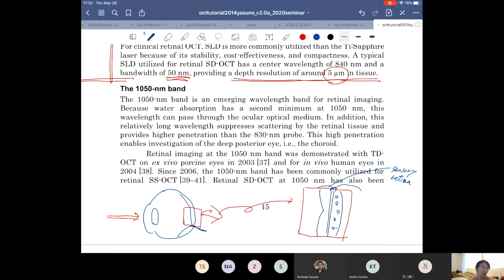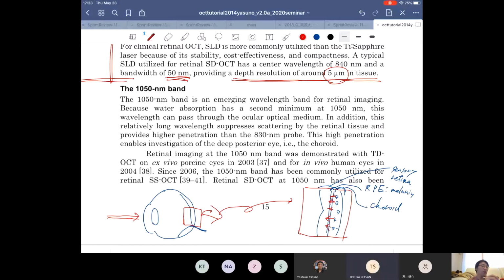This part is the retinal pigment epithelium, RPE, which contains a lot of melanin. And the final part is the so-called choroid, a blood-rich tissue which supplies nutrients to the sensory retina. Got it?